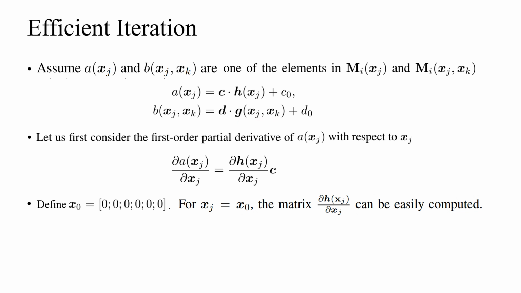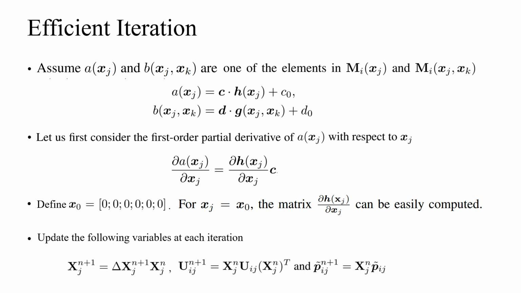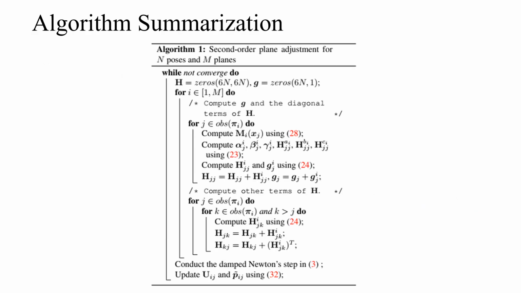Note that we only need to compute the derivatives of h and g at x0 once and reuse them in the following iterations. We can easily make the iteration stay at x0 for each pose if we update the following variables in this way at each iteration. We summarize our algorithm in algorithm 1.